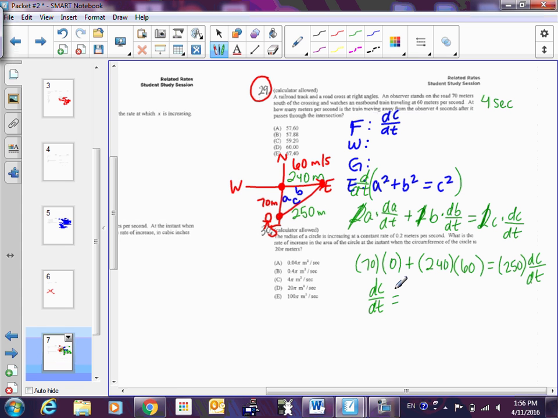Why do we get rid of dA over dt and dv over dt and not use c? I'm taking the derivative of a squared. Okay, just like when you, what's the derivative of x squared? Okay, that's what I'm doing here. I'm taking the derivative of a squared, but because I'm taking derivative with respect to t, I got to go dA over dt. It's just like when we do implicit differentiation and we got to go dy over dx.